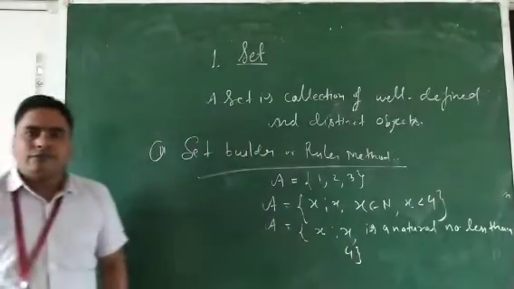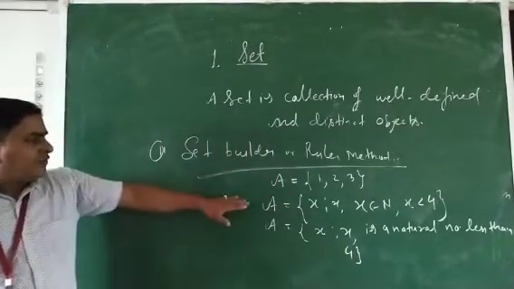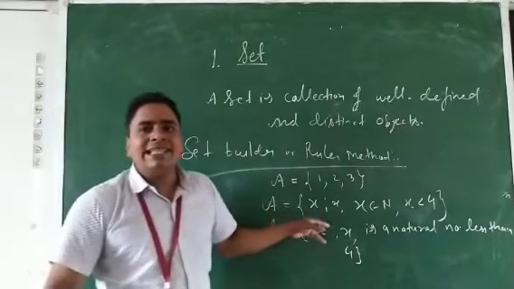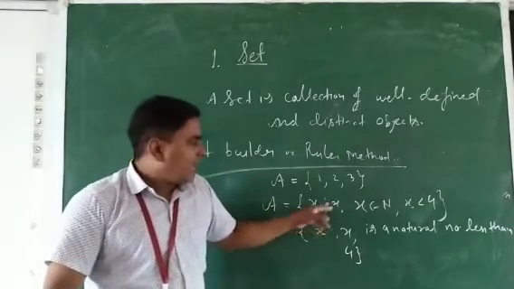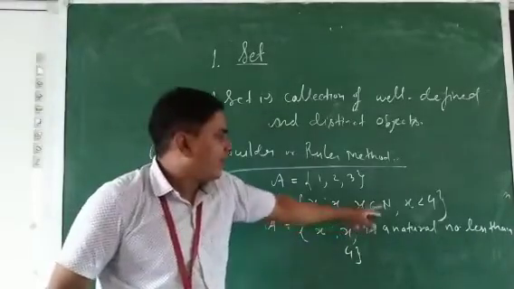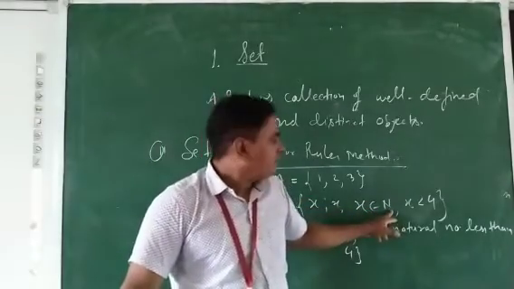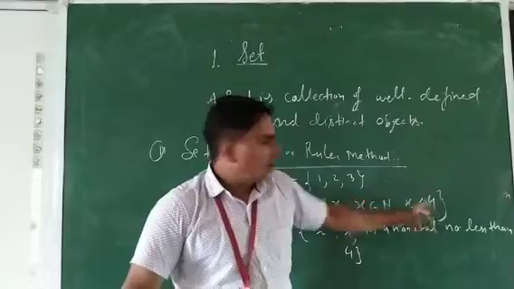So this is the way to write a set in set builder form. Okay, x such that x belongs to N, meaning natural number, x less than 4.